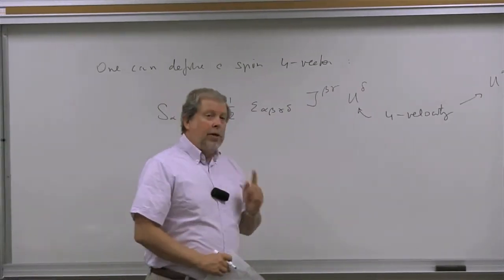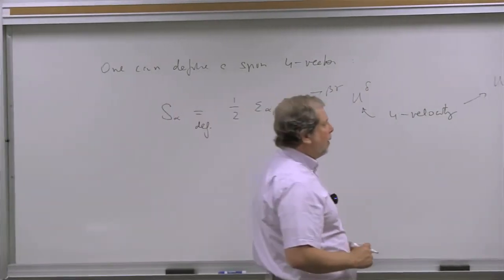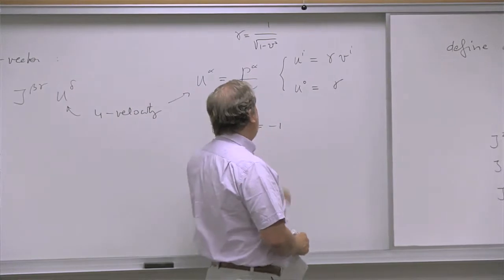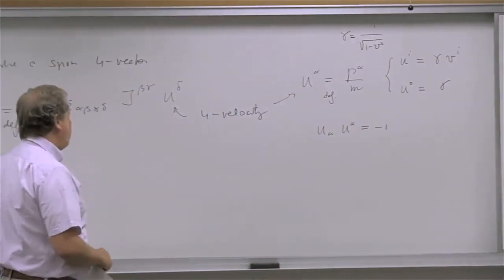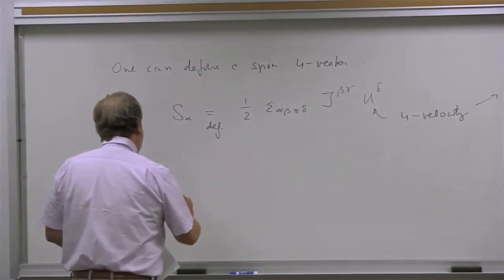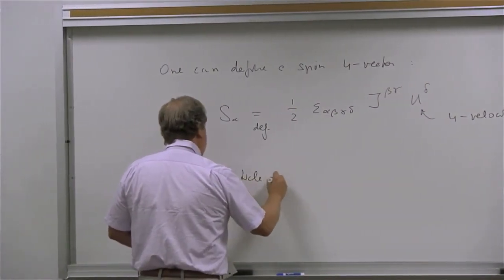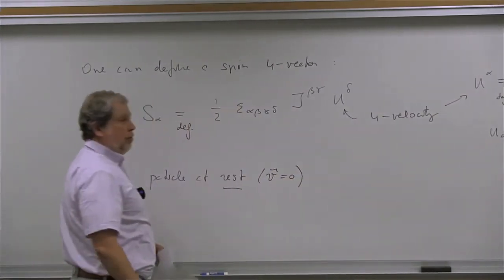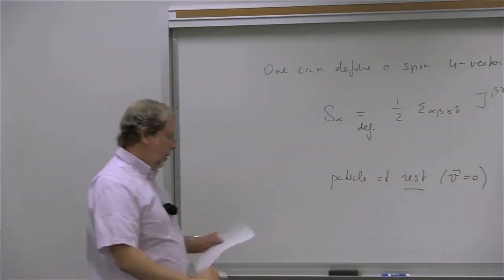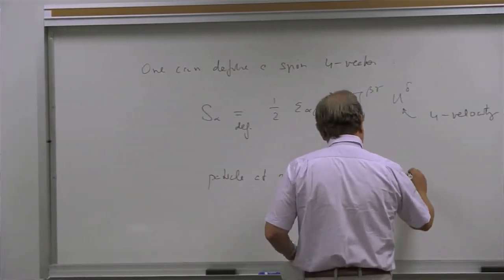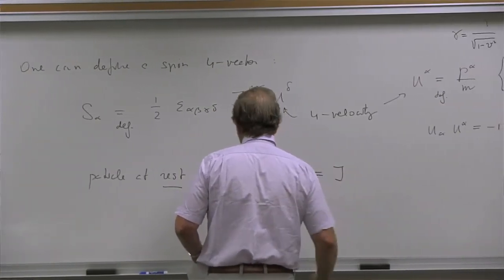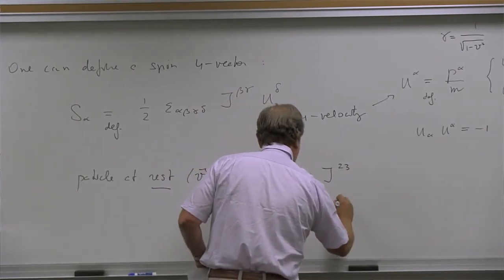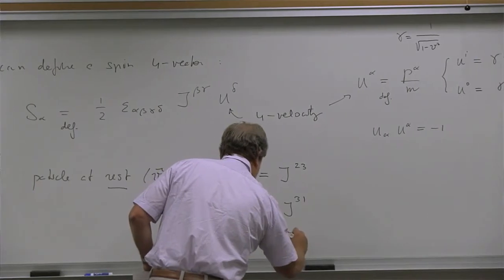If the particle is at rest, then the u^i's are equal to 0, and u^0 is equal to 1. So for a particle at rest, v equals 0, which means in a frame that is attached to the particle, S1 is just J23, S2 is J31, and S3 is J12.